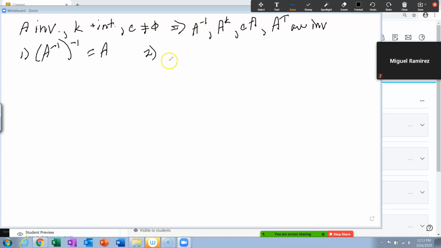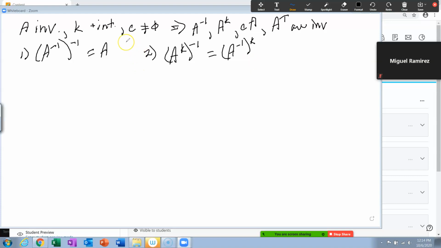If you do A to the K, we know that's invertible. We were told that up here. So if you take this and look for the inverse, here's what you can say about that. That's also A inverse raised to the kth power. Hadn't thought about that, but it indeed would be true.